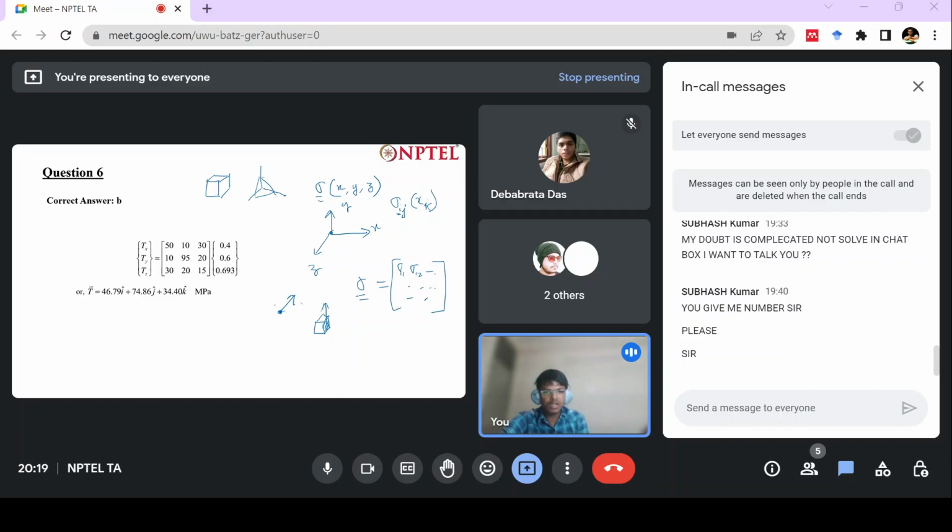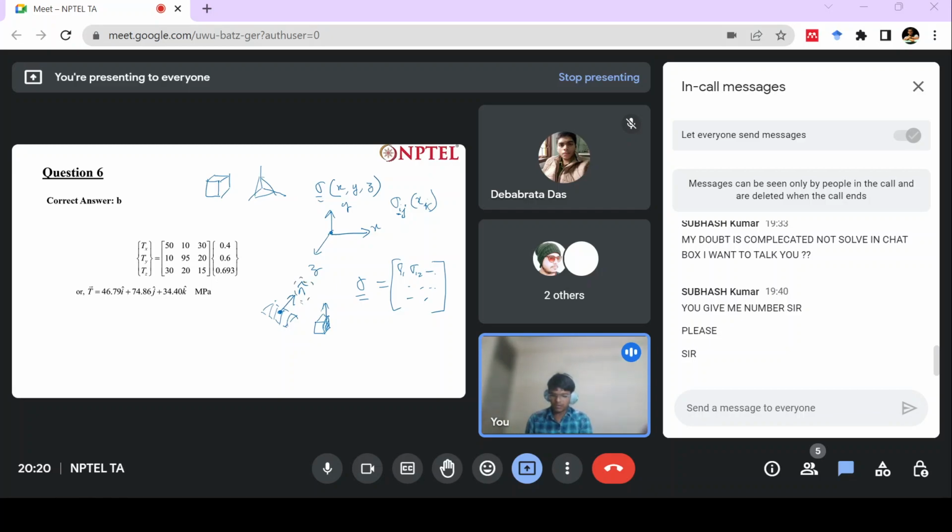What I want to say is, if a very small area is defined around this point, what is the force acting on it? How did I get this area? I got this area using this normal vector.